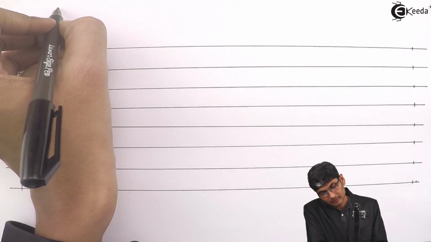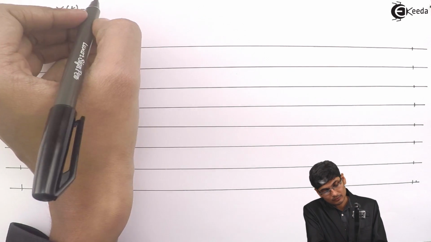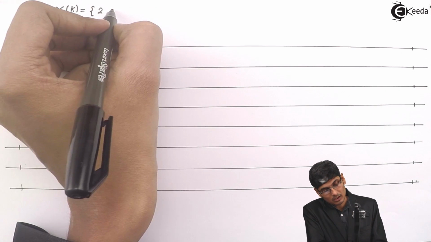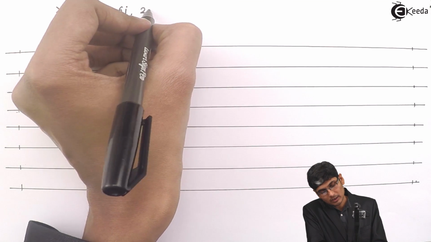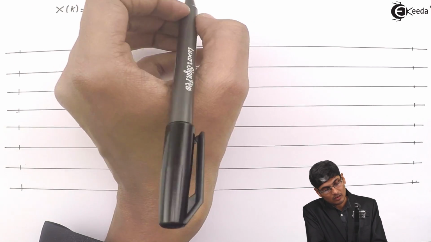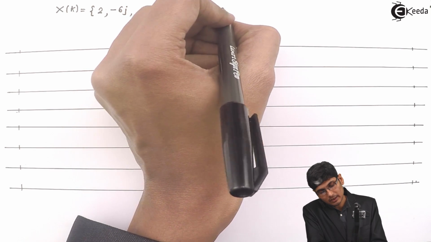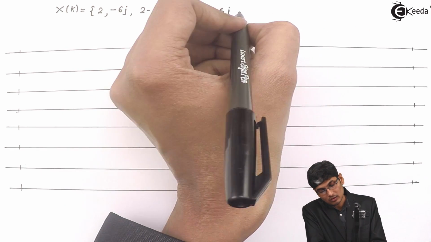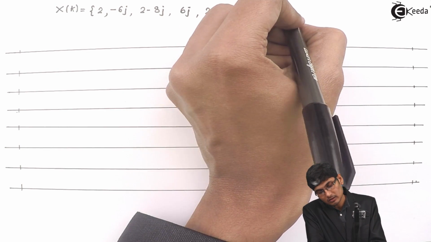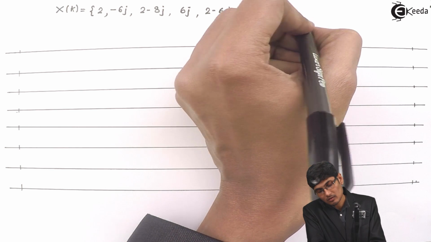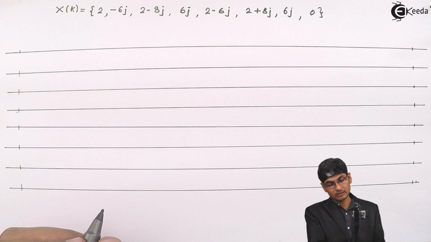The given problem is x of k is equal to 2, minus 6j, 2 minus 8j, 6j, 2 minus 6j, 2 plus 8j, 6j, 0. So these are the given 8 sequence points.